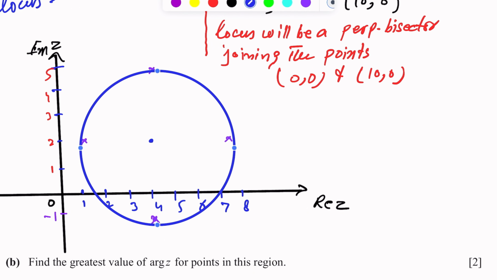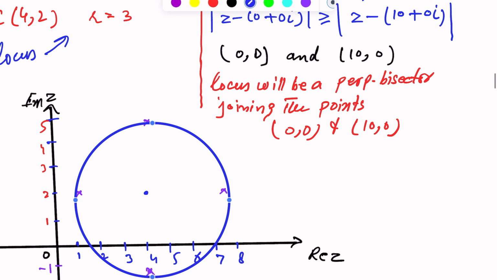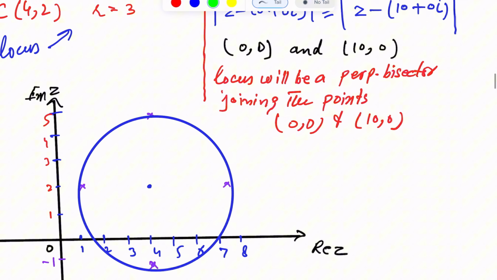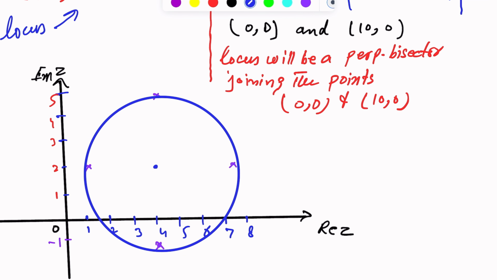And the other locus will be the perpendicular bisector of the line joining the two points (0, 0) and (10, 0). This point is (10, 0): x-coordinate 10 and y-coordinate 0. So this is the point.